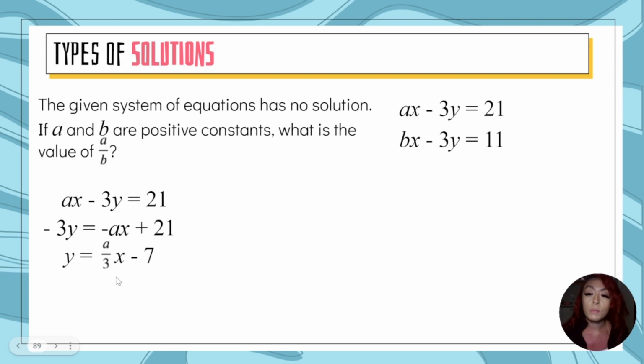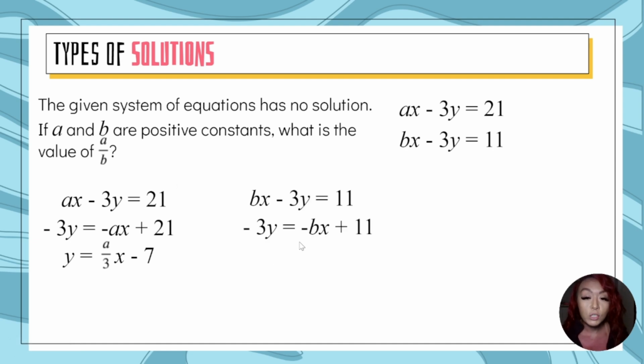The first equation becomes y equals a over 3x minus 7. So now we know the slope of the first line is a over 3. Looking at the second equation, we'll use inverse operations, and we get y equals b over 3x minus 11 over 3. So the slope of the second equation is b over 3.